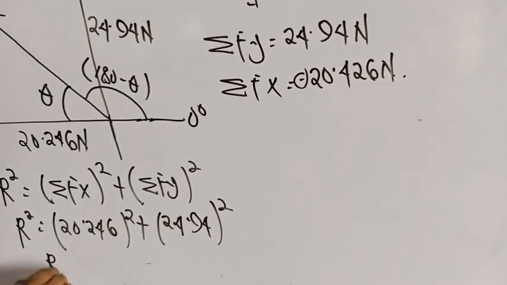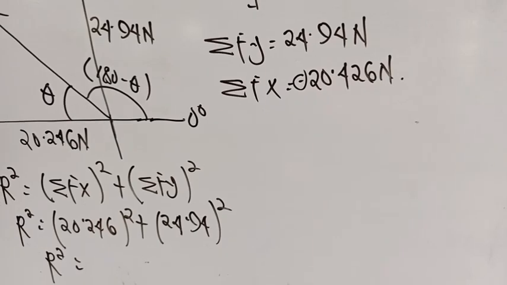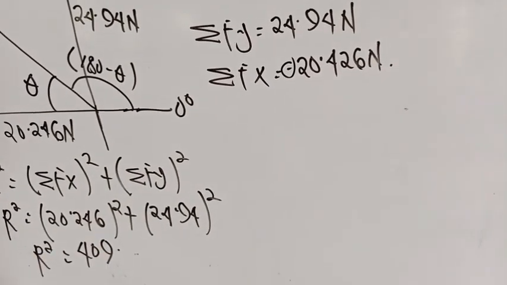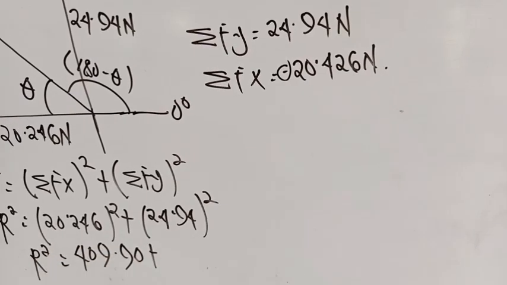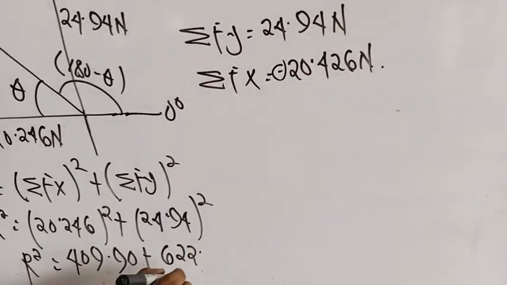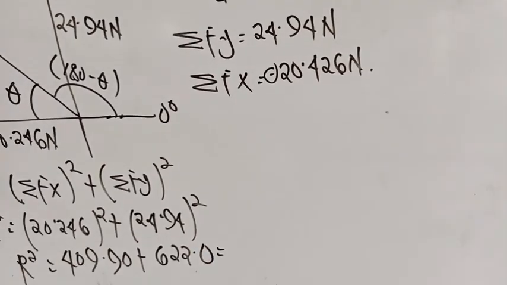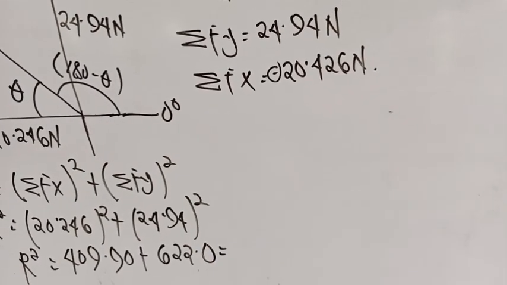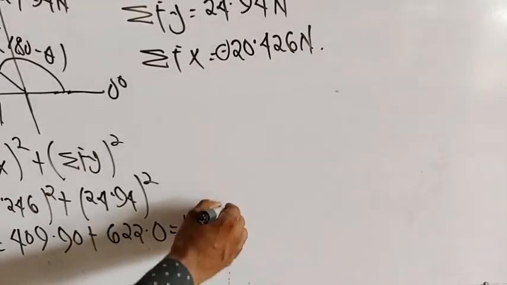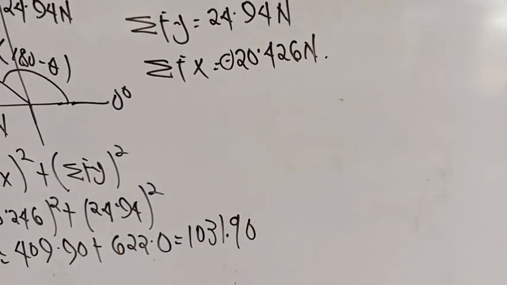Simplifying with the calculator, 20.246 squared is 409.90 plus 622.0. If I add up, that gives 1031.90.